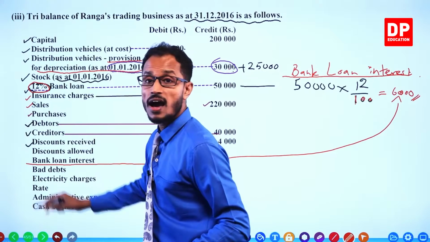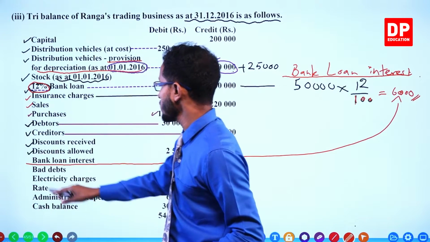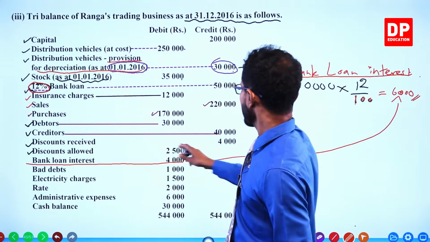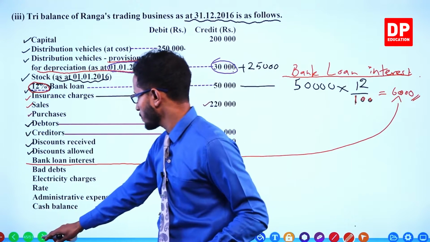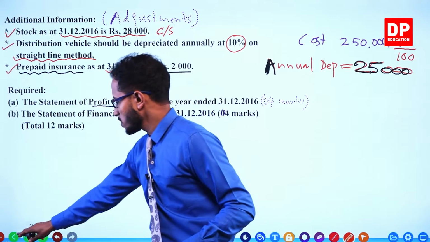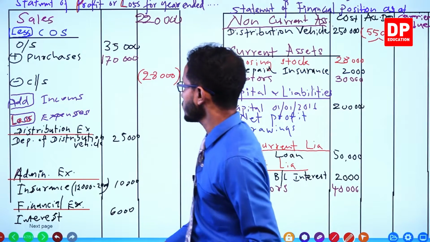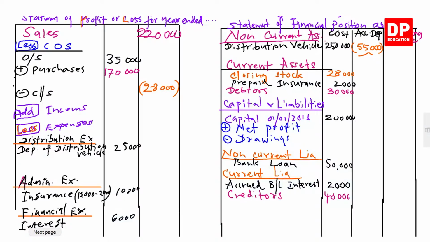Discount received is an income. Discounts allowed is an expense. Discount received 4,000, allowed 2,500. Discount received 4,000, it's an income.